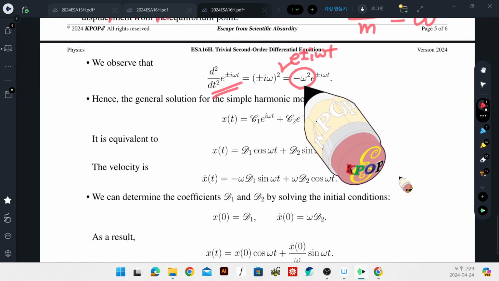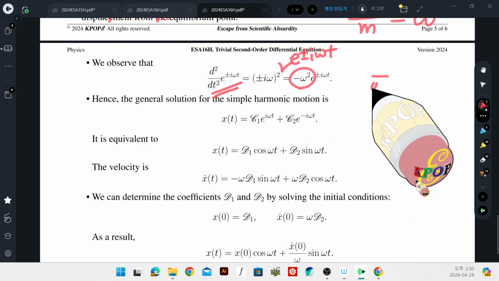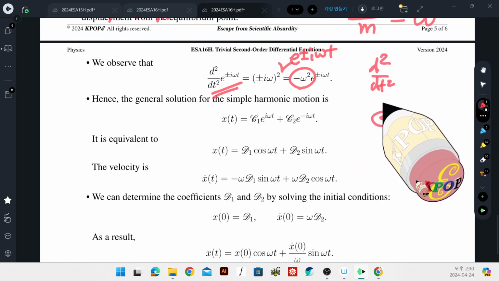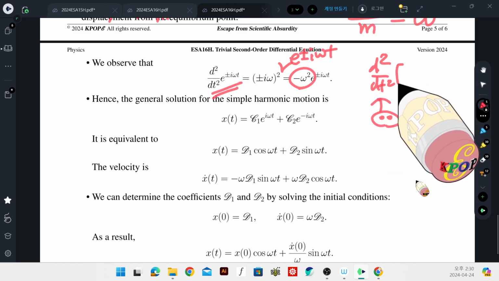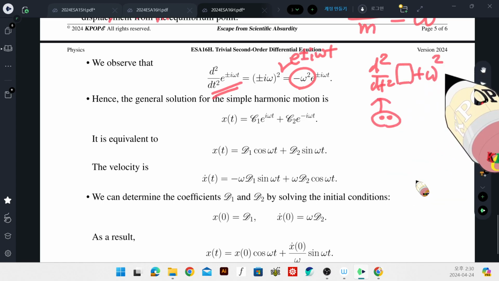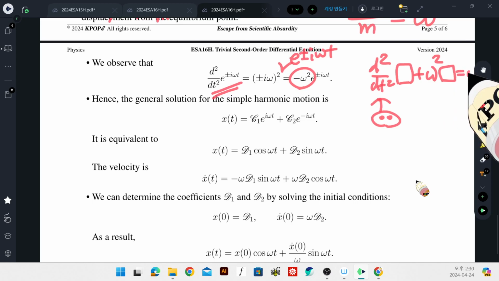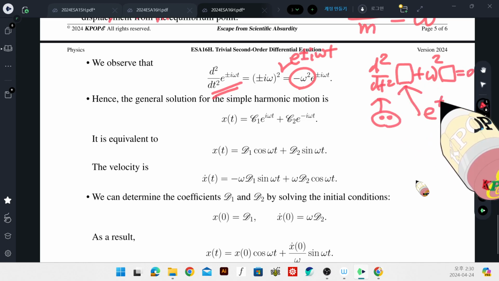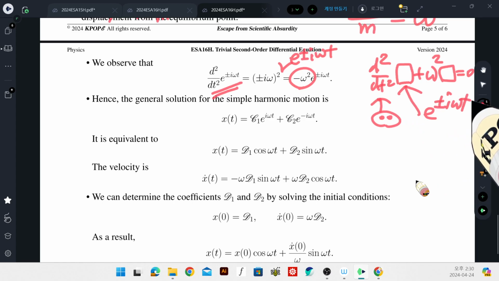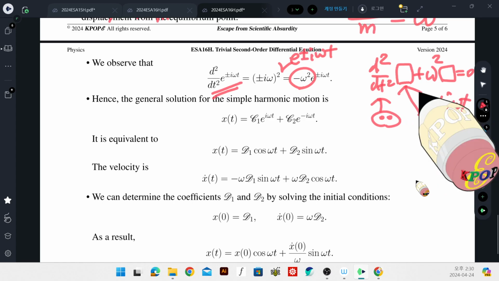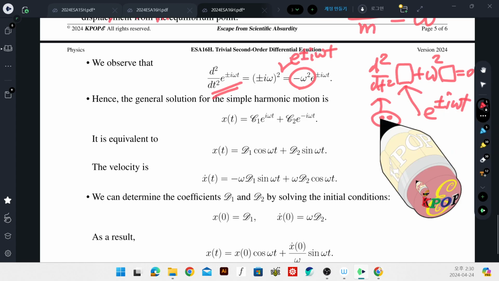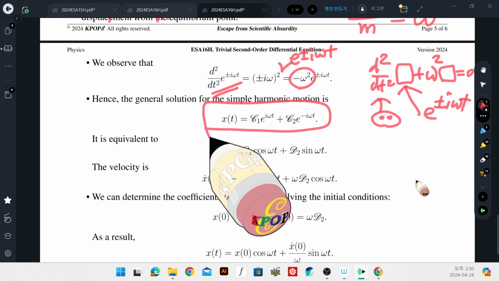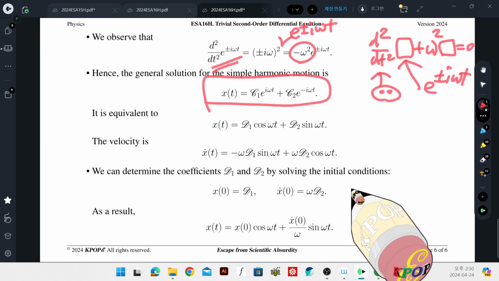Hence, this is the second order derivative. The double dot means the second order derivative of this plus omega squared x equals 0. So this one is e to the plus minus i omega t. Both of them are solutions of this equation of motion. And therefore, the linear combination is also a solution.